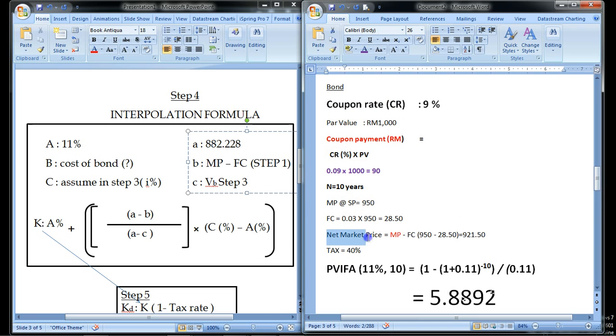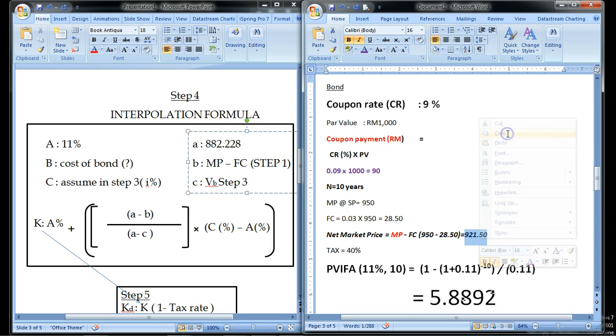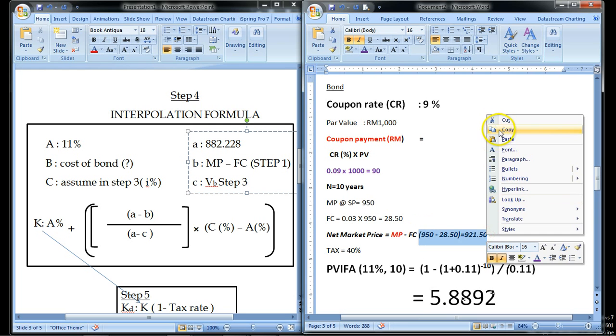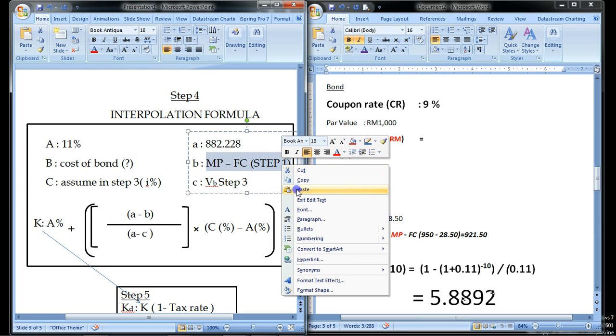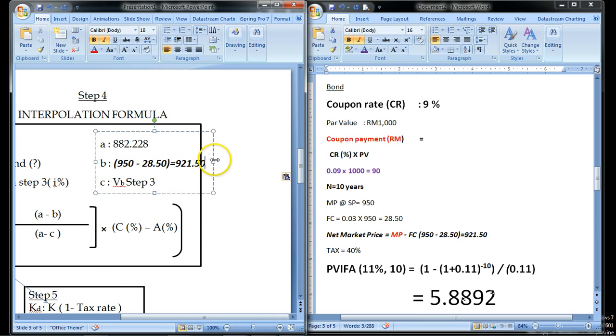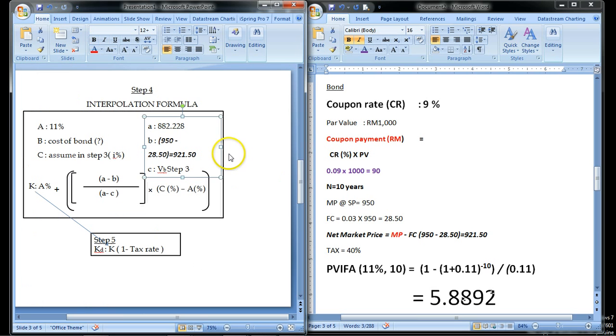There, net market price, 921.5. If you want to show the calculation, no problem, you can show it again. This is the answer you have to put here. Just substitute only because we have calculated it, right? Okay, good.